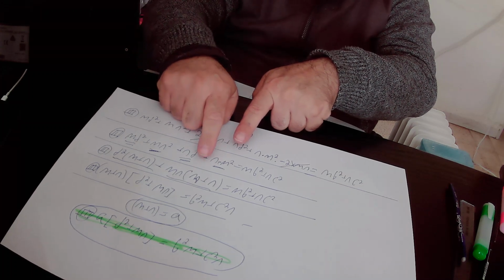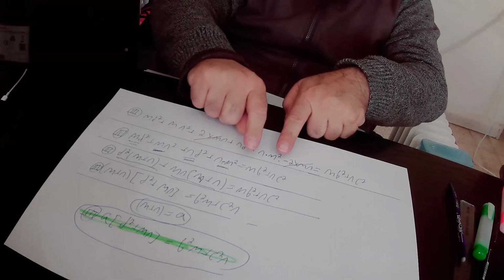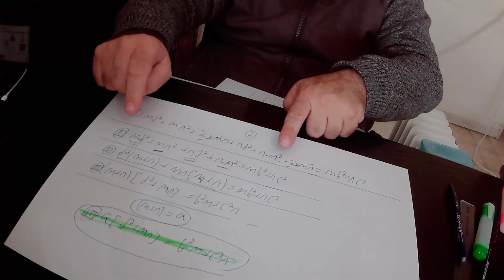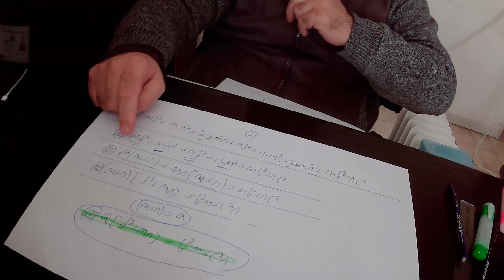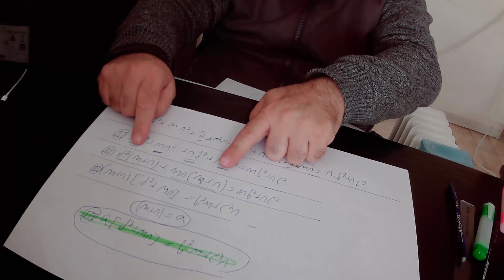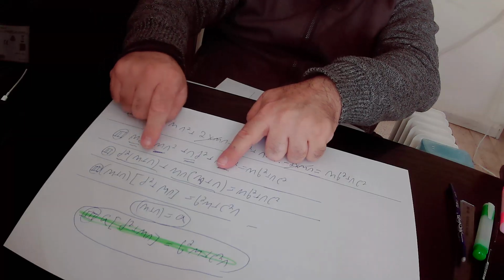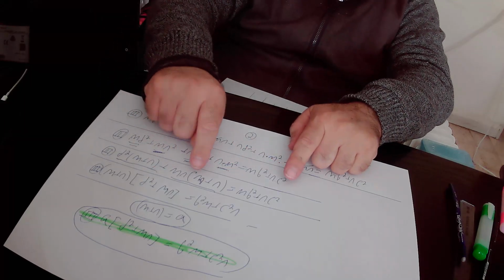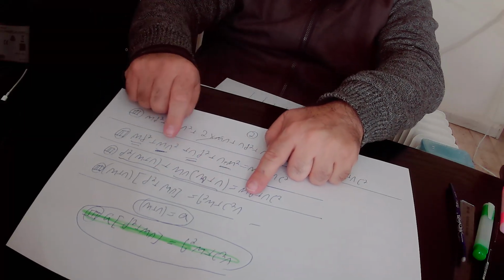So inside the brackets we are left only with m plus n, and it is equal to mb square plus nc square. Then we took out m plus n, a common factor, from those two expressions. So inside the brackets we are left only with d square plus mn. It is equal to b square m plus c square n.